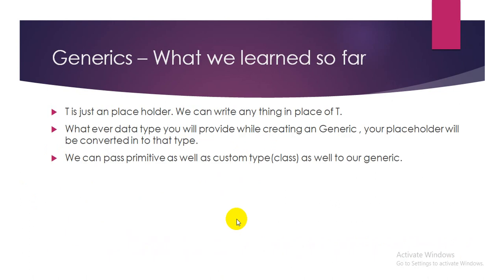Now this is what we learned so far, and these are some very important key points which you need to remember. T is just a placeholder, we can pass any data type, primitive as well as custom data types. In the previous example we passed the object of the student class, so we can pass anything.